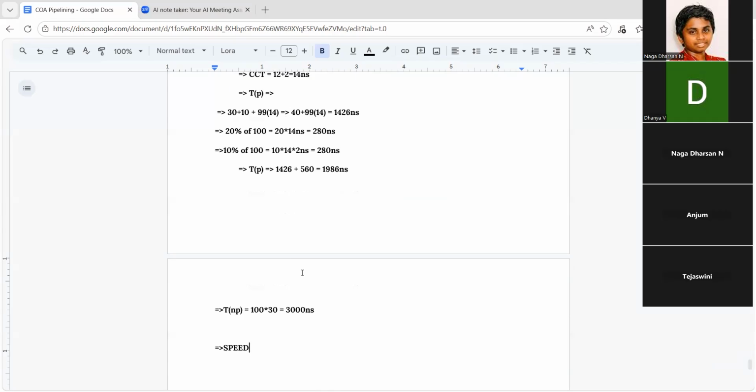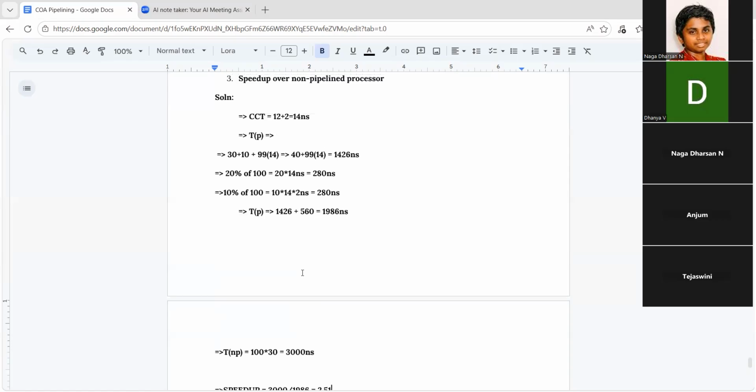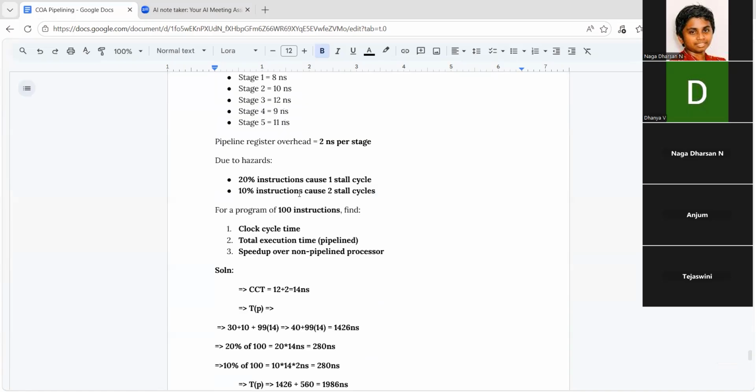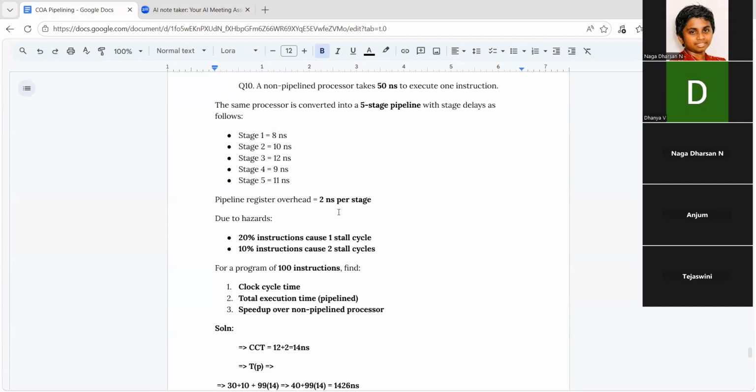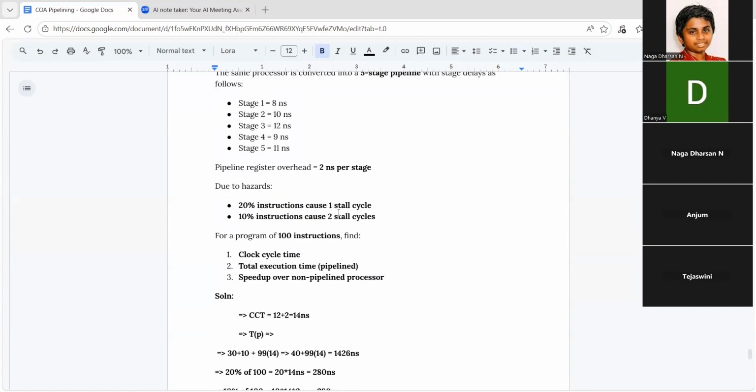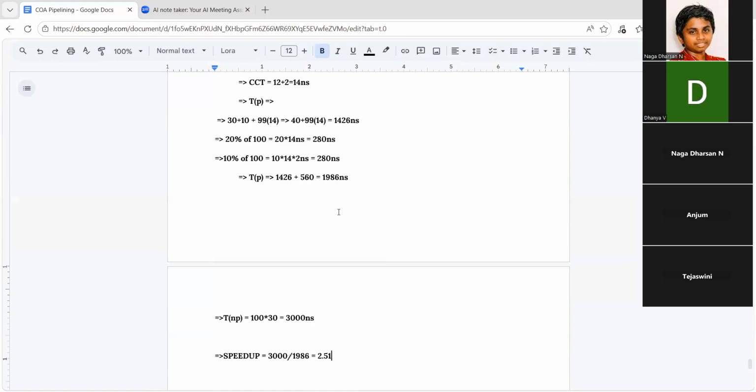So finally, the speedup is simply 3000 divided by 1986, which gives around 2.51. The main thing here is that we need to include the hazards in the time involved for pipelining, and then the other things are easy.